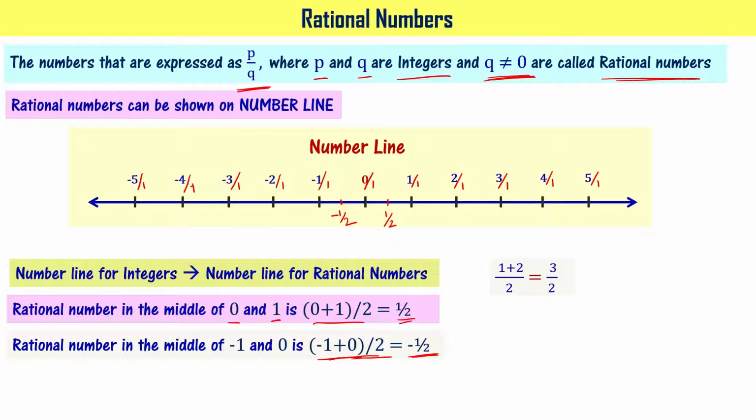Similarly, the rational number in the middle of 1 and 2 is 3 by 2, right? That is 1 plus 2 divided by 2, 3 by 2. The rational number which is in the middle of 2 and 3 is 2 plus 3 divided by 2, that is 5 by 2, right? Let me mark that in the middle.